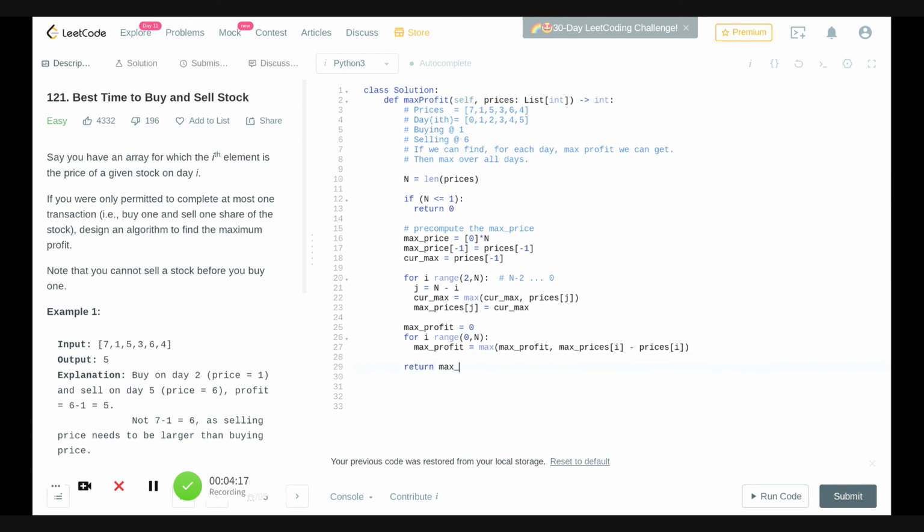And we return max profit. Then we have a bug here because this j will never become 0, so we have to iterate to n plus 1. Now j will become 0 at some point. Okay, great. Let's run this code.